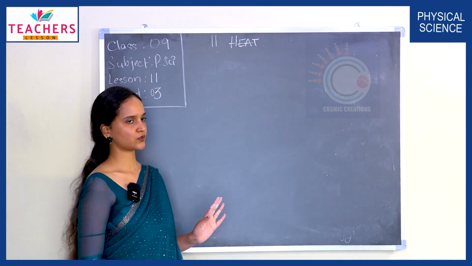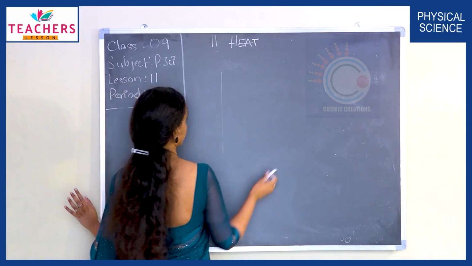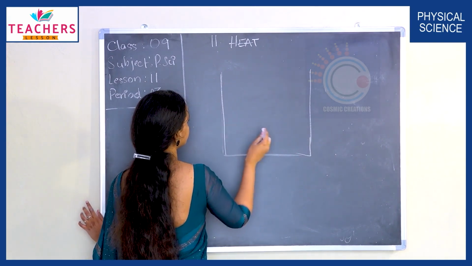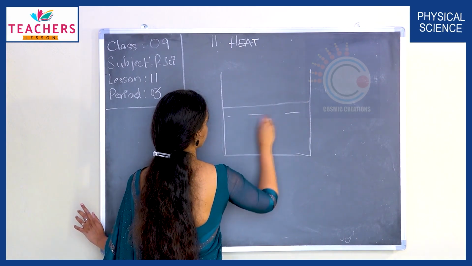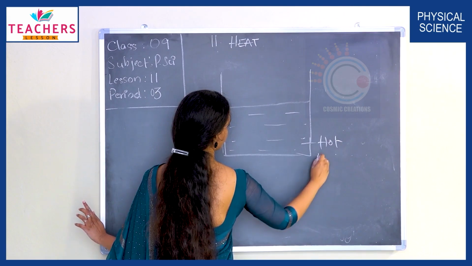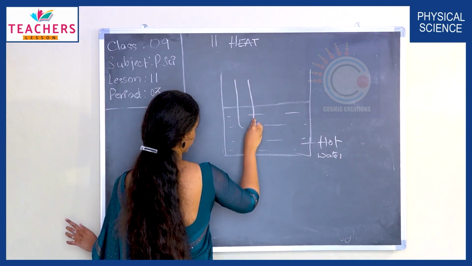All right. Now let's look at an experiment. Okay, it's a simple experiment. Let's take a beaker again filled with hot water, and let us now immerse two test tubes.